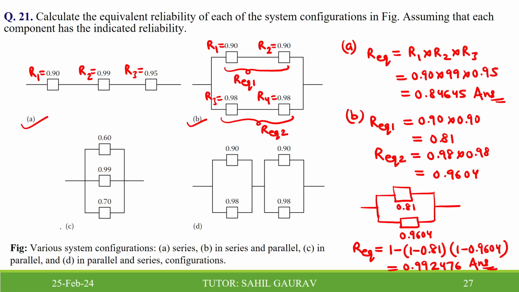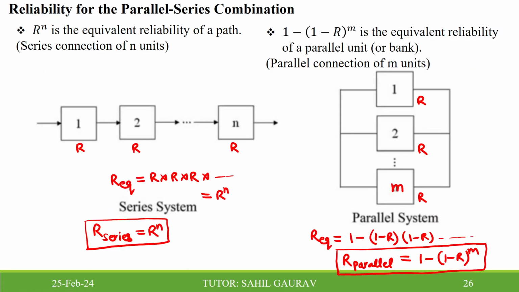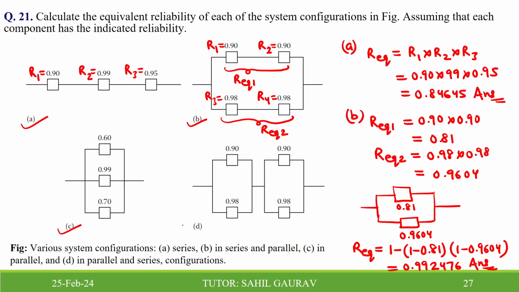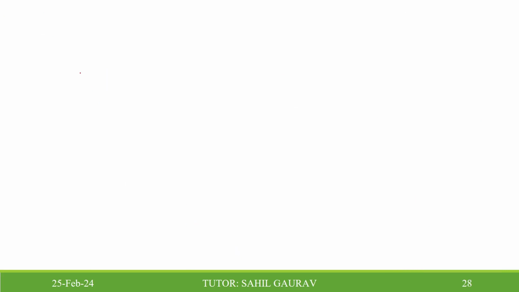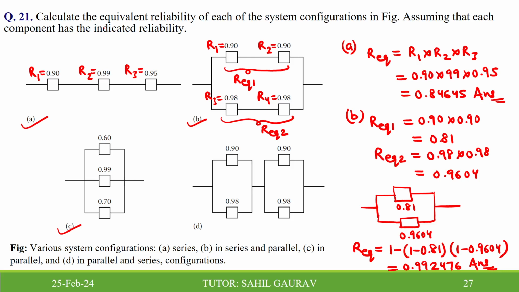Now let us solve for C. C is very easy. In C all the systems are connected in parallel. So can anyone tell, for the C part, what should be the R equivalent? Can anyone tell? This is simple.